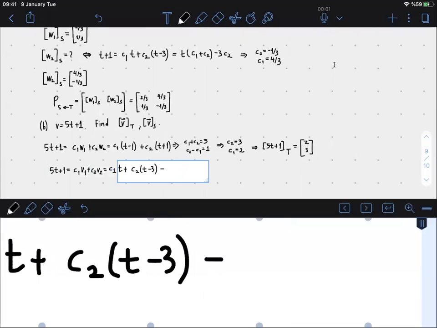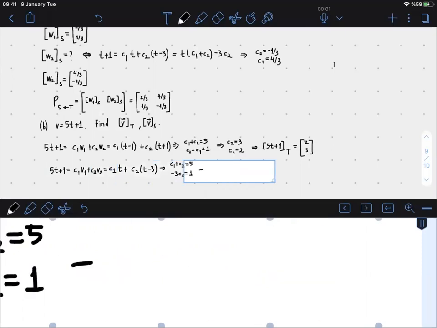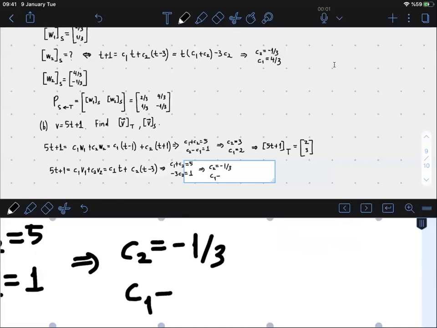From here, what we get is C1 plus C2 is 5 and minus 3C2 is 1, which gives us C2 is minus 1 over 3 and C1 is 5 minus minus 1/3, which is 16 over 3.